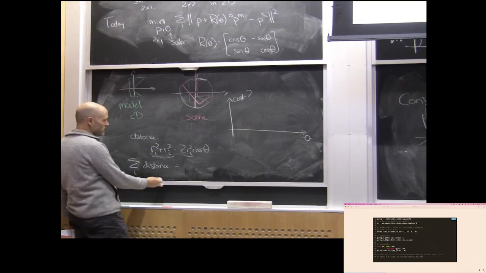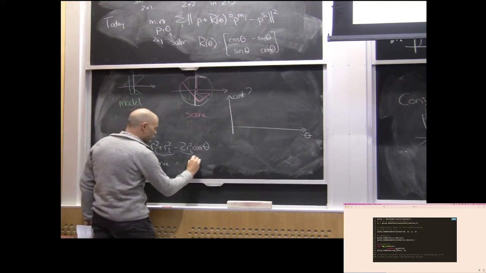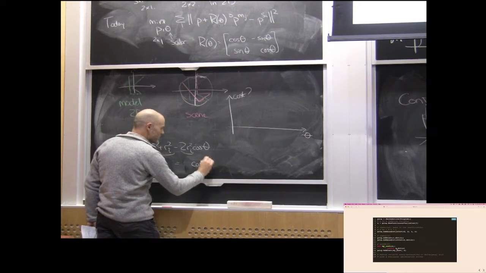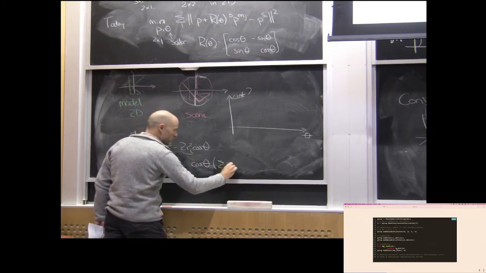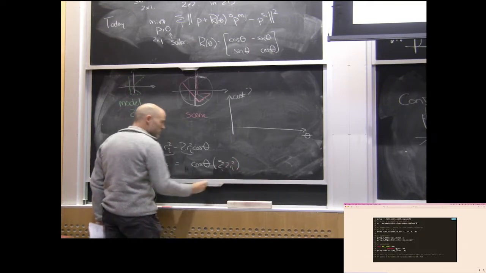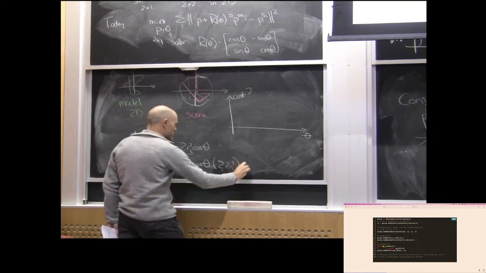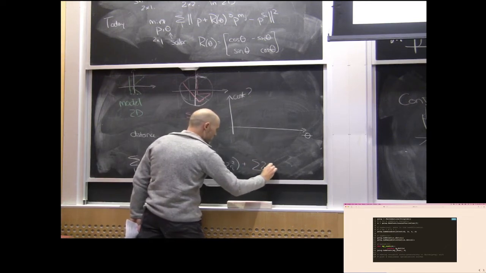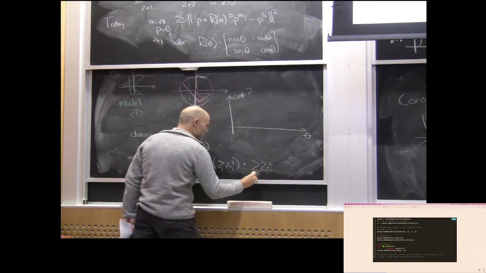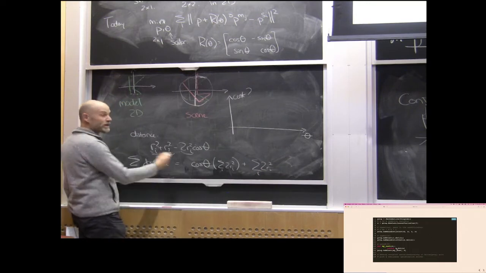I'm just optimizing theta. So I just have actually cosine theta times a big sum of 2ri squareds plus whatever this is, right? That's my cost landscape.